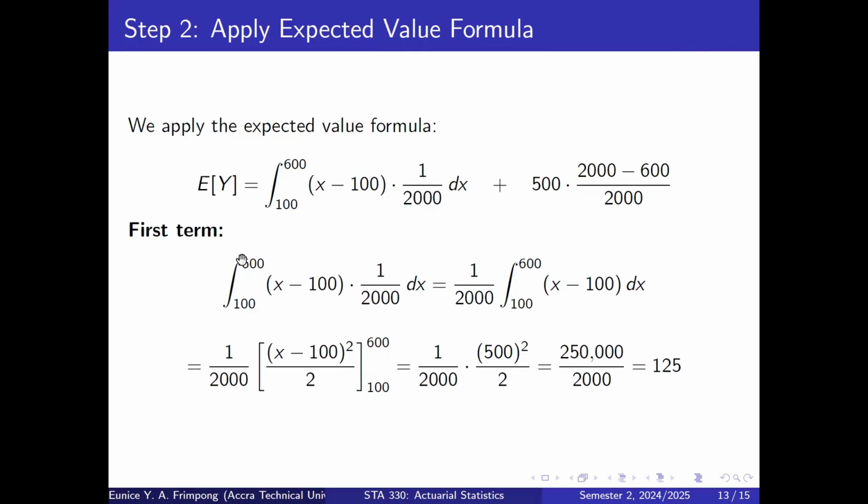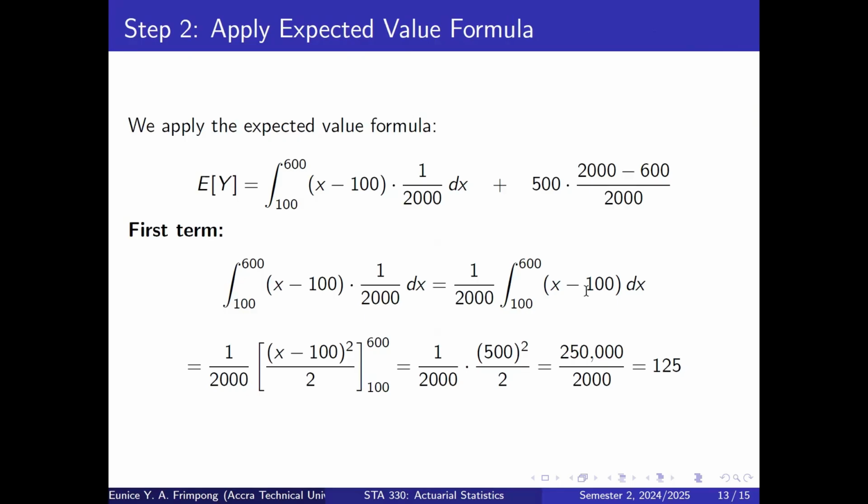So solving the first term, we have the integral of (x minus 100) times 1 over 2,000, where x runs from 100 to 600. And that is equal to, bringing out the constant 1 over 2,000, the integral from 100 to 600 of x minus 100.